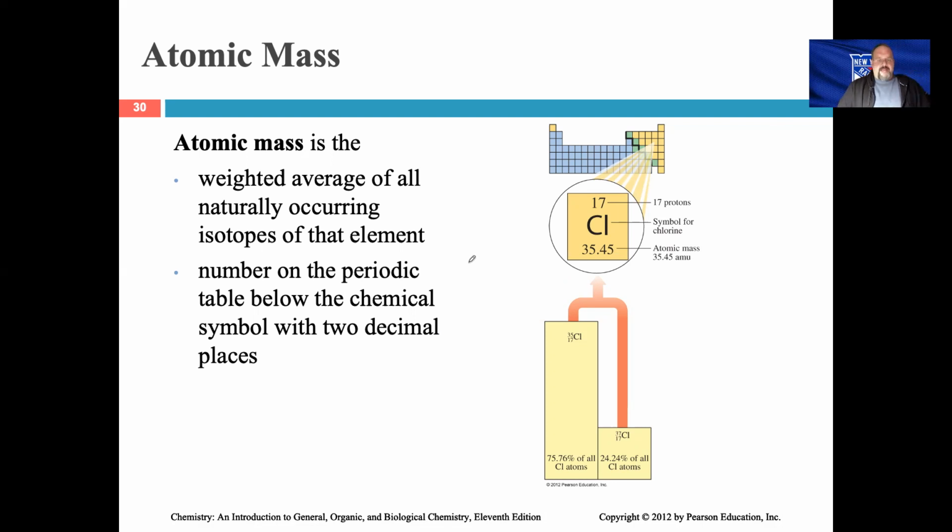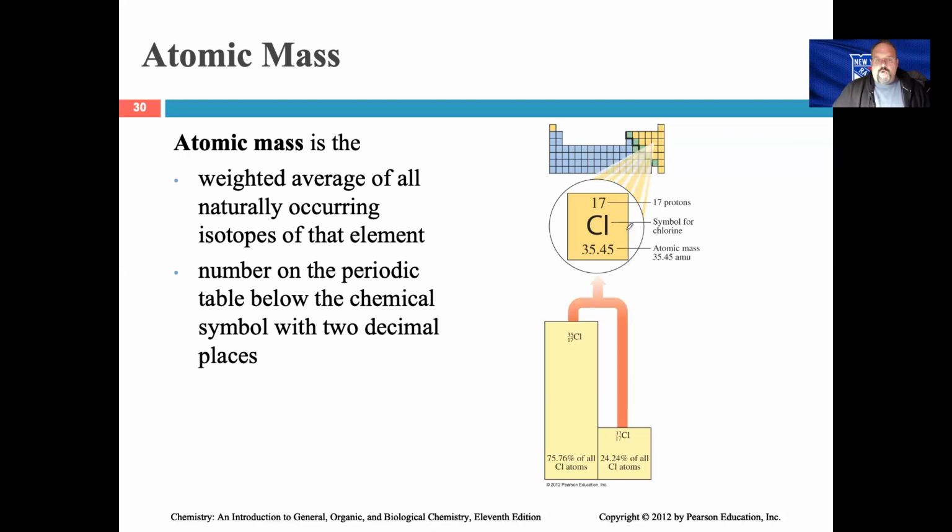Essentially, their atomic masses and what percentage that you have of them. Now, we're not going to go through any calculations of it, but that essentially is why the atomic mass or mass number is a decimal. And when you use the periodic table to figure out the number of neutrons, the one that you figure out is usually the isotope that exists the most.